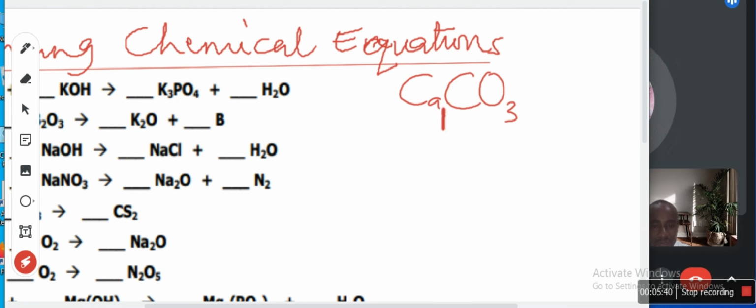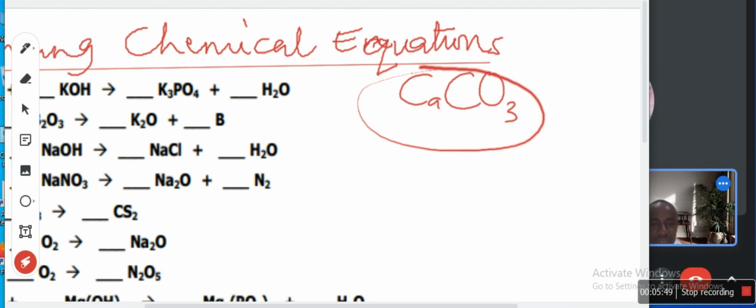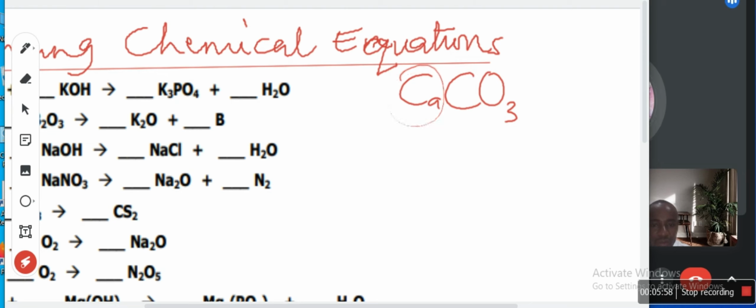So the calcium atom is 1. Carbon is also 1. Oxygen is 3. So altogether, how many atoms do we have in this compound called calcium carbonate? 5: 1 calcium, 1 carbon, and 3 oxygen.